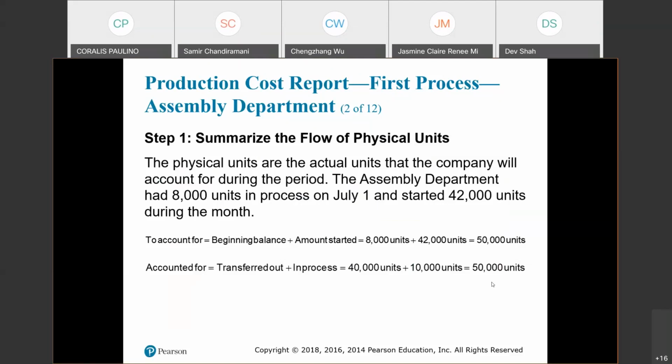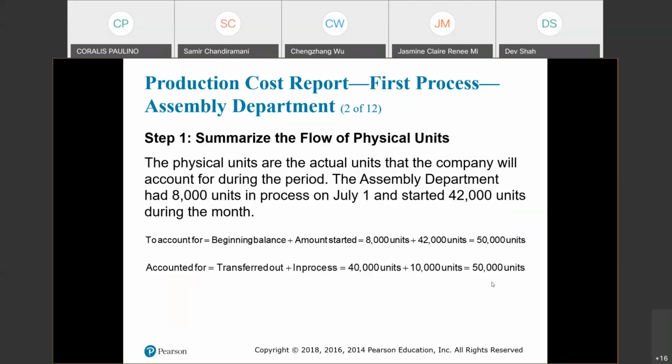The most important thing is that you should always remember that units to account for and units accounted for must be equal. In any case, they must be equal. So, understanding this concept helps to calculate the physical units in the production process.